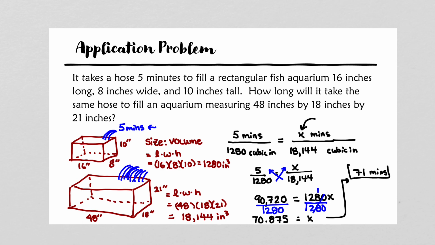So it takes approximately 71 minutes to fill that larger aquarium. As with all these application problems, you may have solved this problem differently. My method is just one way of looking at the problem, but it does use our tool of proportional reasoning. If you have any questions, don't hesitate to reach out.